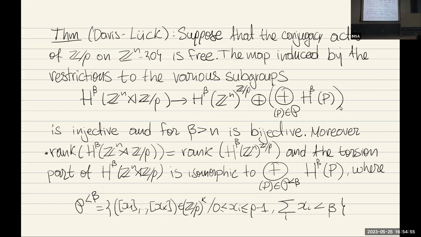The torsion part in index beta is isomorphic to this direct sum, where this set is just the set of tuples in ZP to the d, such that we can represent each class with an element between 0 and P-1, and the sum is less than beta.